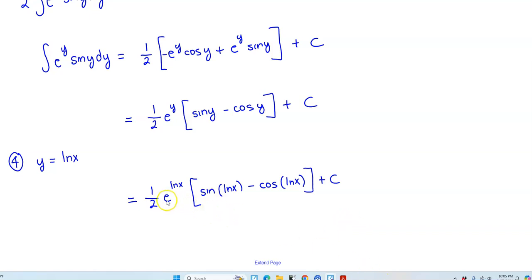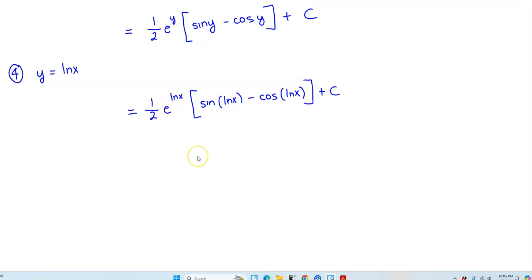And so e to the natural log of x, according to our properties of logarithms, becomes just the variable x. So this is 1/2 x times the sine of the natural log of x minus the cosine of the natural log of x plus c.